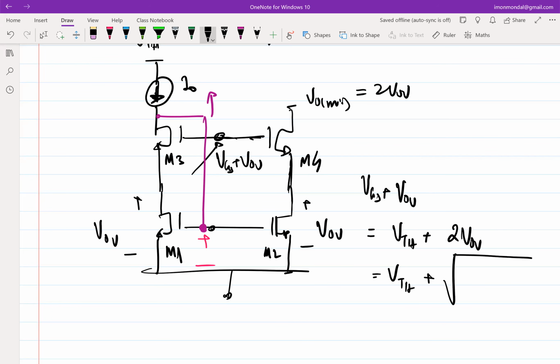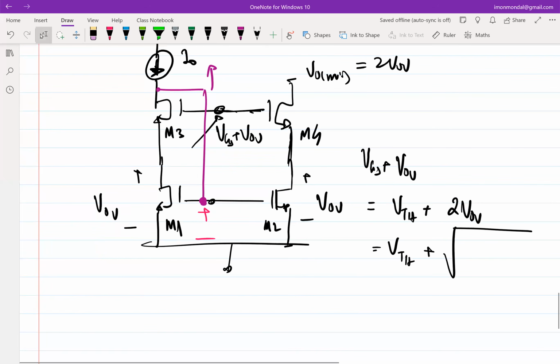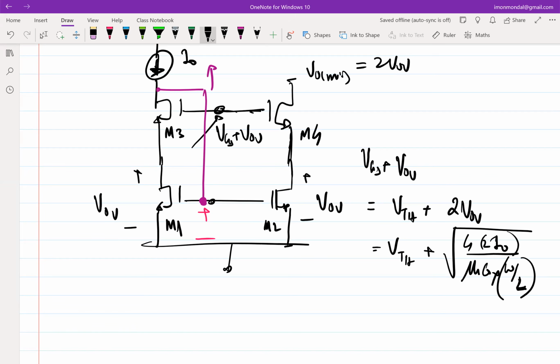If I break it up further, if I write out the expression of V overdrive, this becomes 4 times I naught by mu n C ox, or 2 times 4 I naught by mu n C ox W by L. Right?